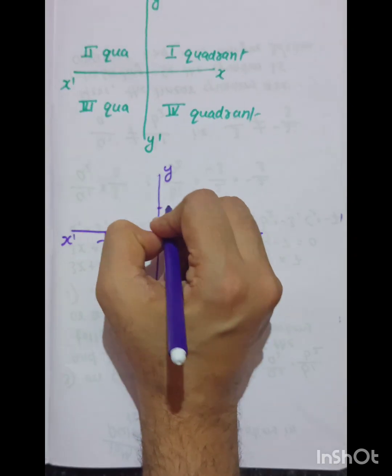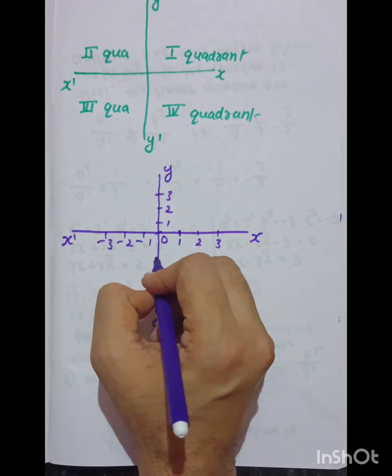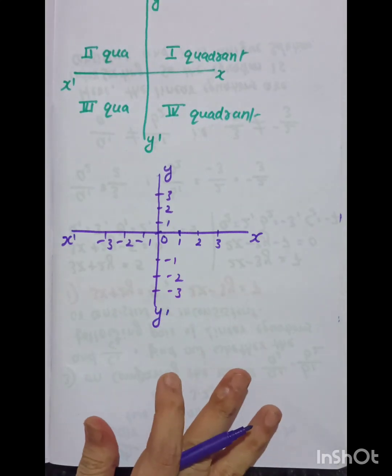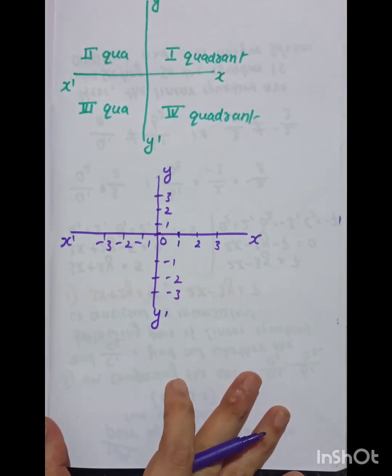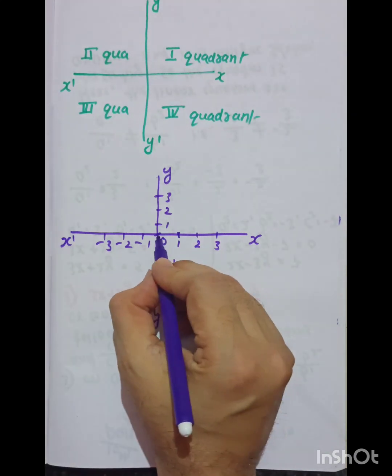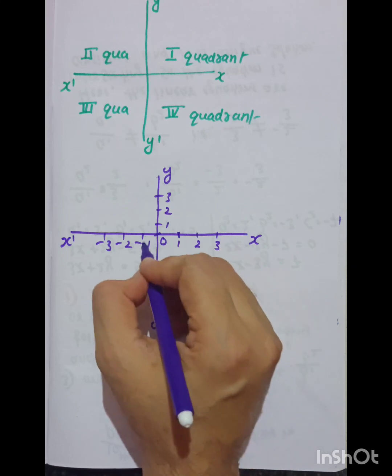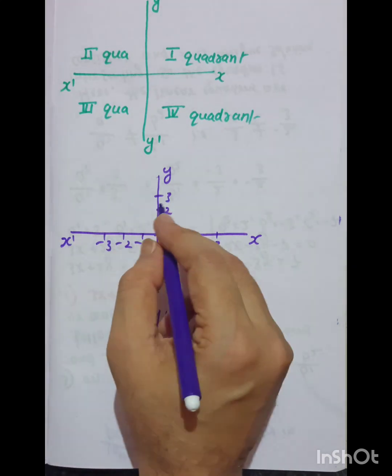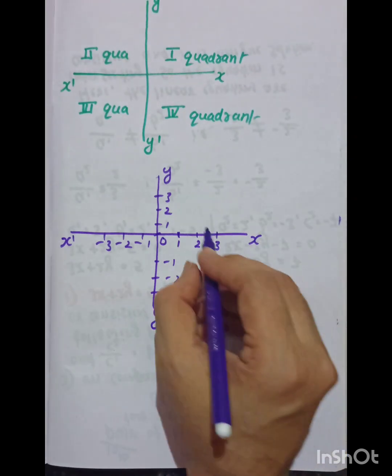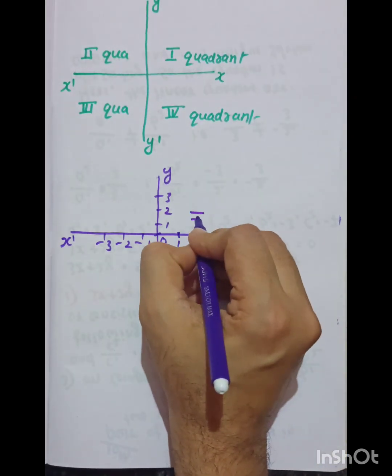Here 1, 2 and 3 and so on. Here -1, -2, -3. I am writing these to give the symbols for each quadrant. Let's take first x and then y. X, y, always we have to take like that. It means this is the first quadrant, we well know.